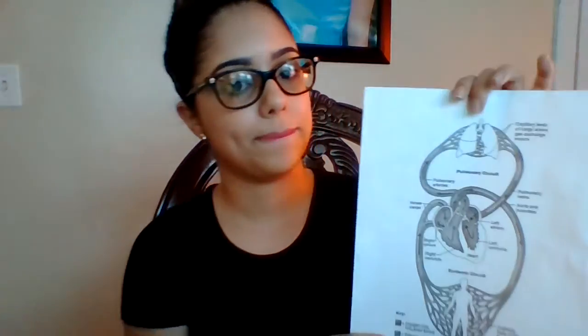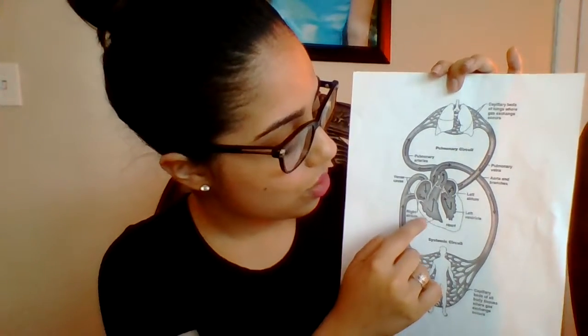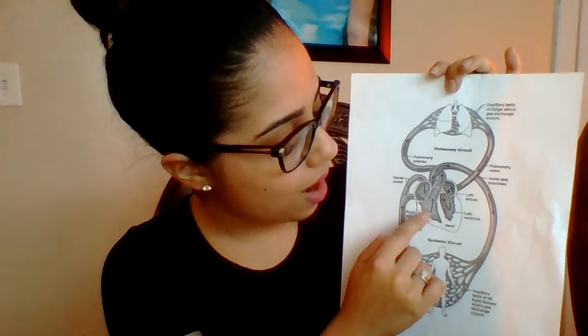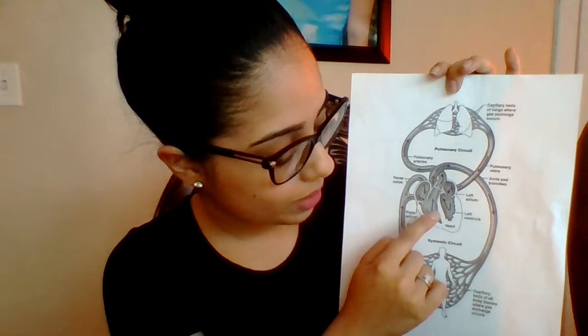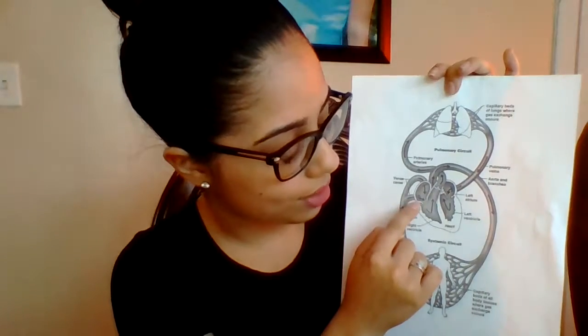So now I can get back to how blood flows to these circuits and back into the heart. So we have here, let's start with the right ventricle. So oxygen-poor blood is in the right ventricle, and it's enclosed by these two valves.